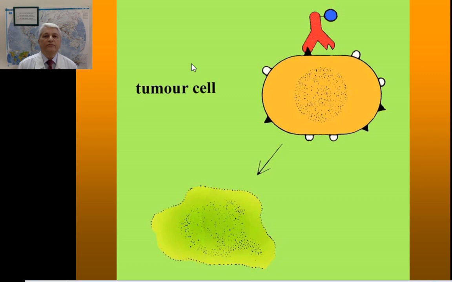So now we have great progress in this technique, and I hope that in some decades very many malignant tumors can be treated by different types of molecules made on the base of monoclonal antibodies.